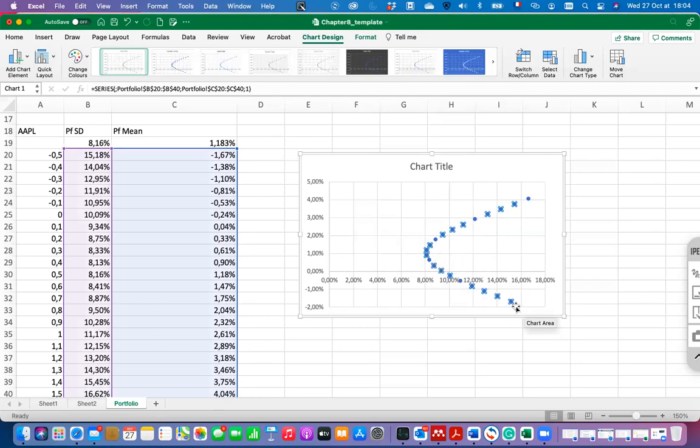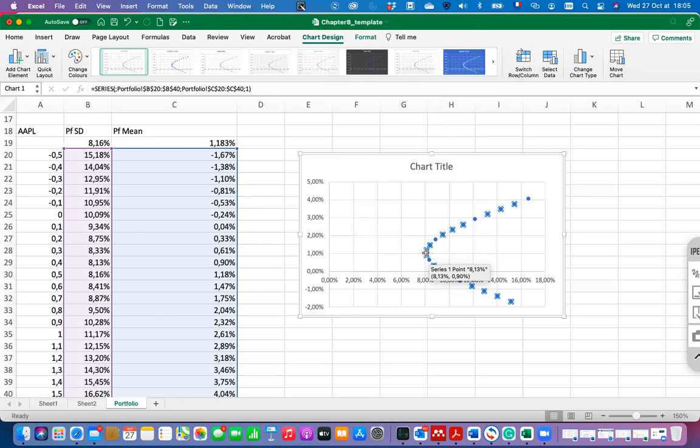Every point on the Markovitch frontier is associated with a higher risk. The safest portfolio is this one, with 8.13% exactly of standard deviation and 0.9% of return. We call it the minimum variance portfolio.